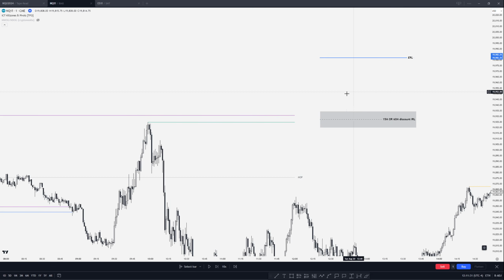So just from the bias alone, obviously there has to be some context and everything. I'm just using kind of a shortened process here. But if we know London highs are likely the target, then we know we're likely to come from an internal range fair value gap. We're likely to see that gap traded into between 9:30 and 10 o'clock.